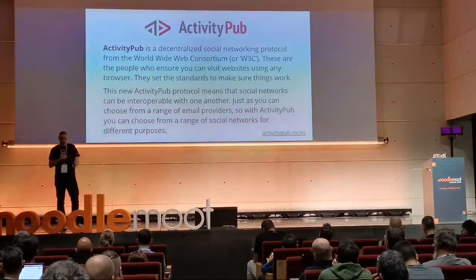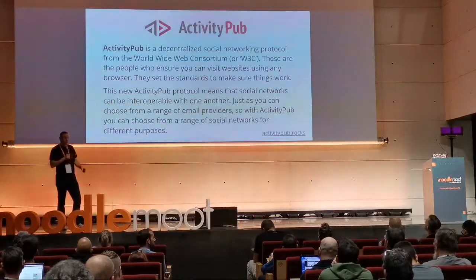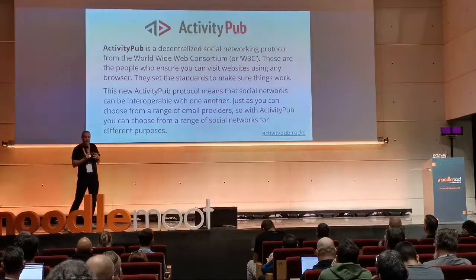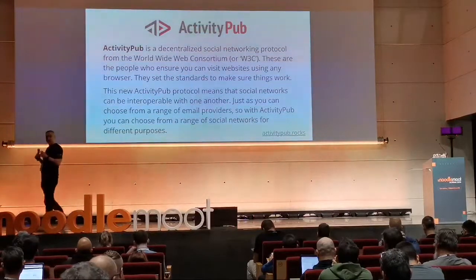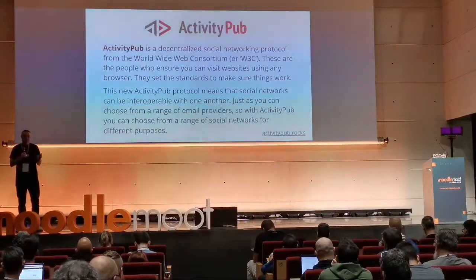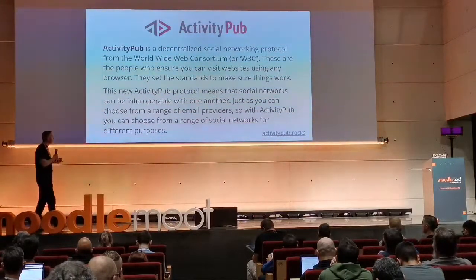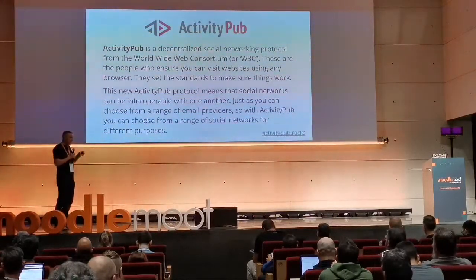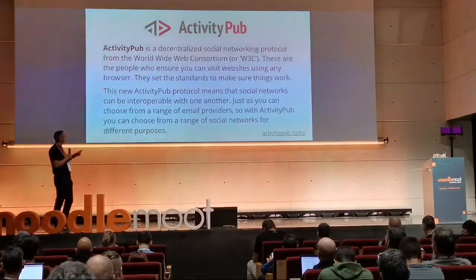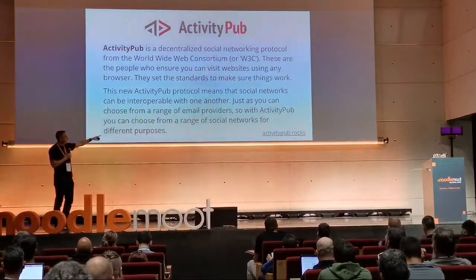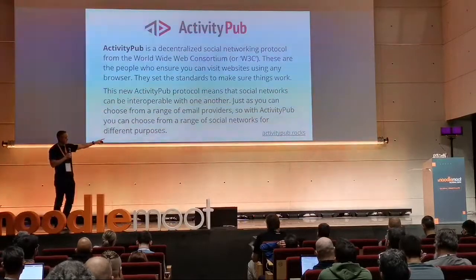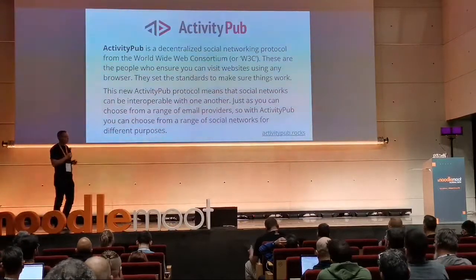And what that means for the less technical people amongst you, it means that if I'm on this social network, I can send a message to someone on a different social network. So there are lots of different federated social networks like Mastodon and Pleroma and PixelFed and all different kinds of ones. And you can send messages between those different social networks because of this. If you want to find out more about ActivityPub, activitypub.rocks. I love those new TLDs.